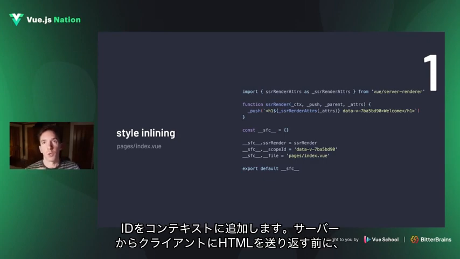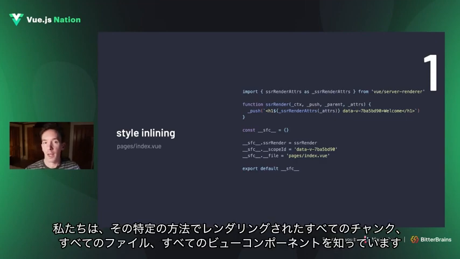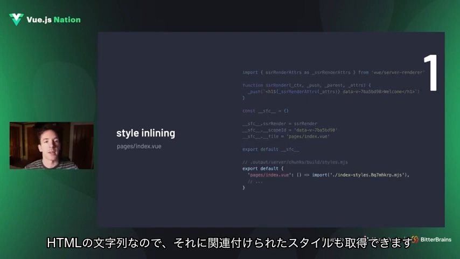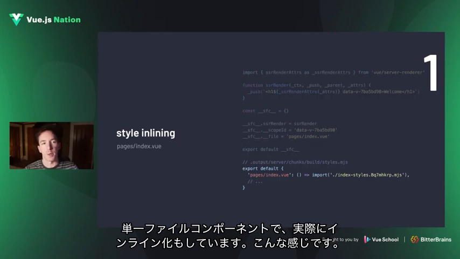So just before we're able to send the HTML back from the server to the client, we know every chunk, every file, every Vue component that has been rendered in that particular string of HTML, which means we can also then take the styles associated with that single file component and actually inline those as well.